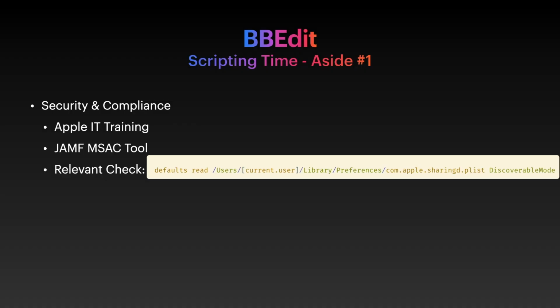Earlier this summer, Apple had one of their sessions online for admins, and one of the presenters there laid it out really well that I found helpful. So I want to share that knowledge. He said, privacy protects the person.